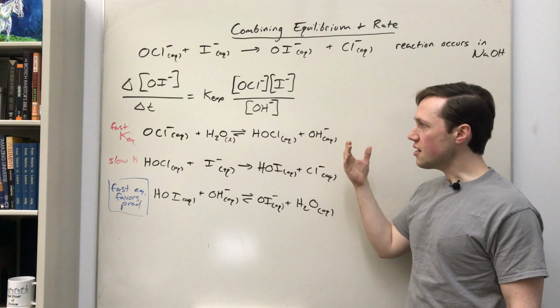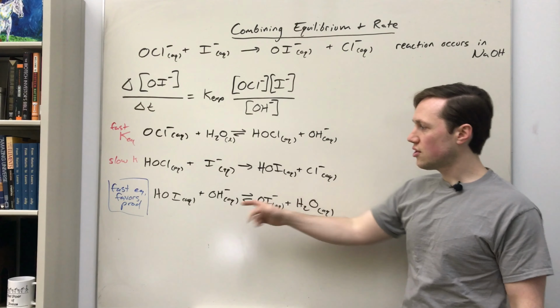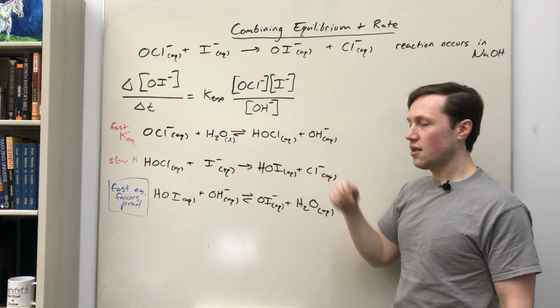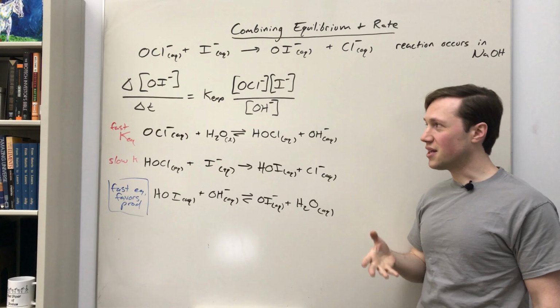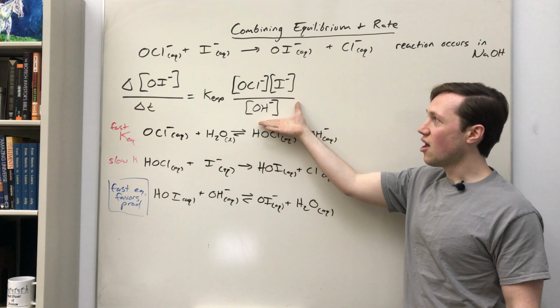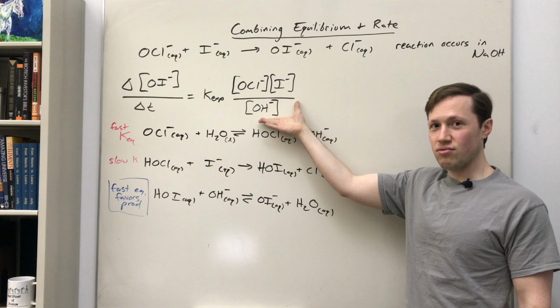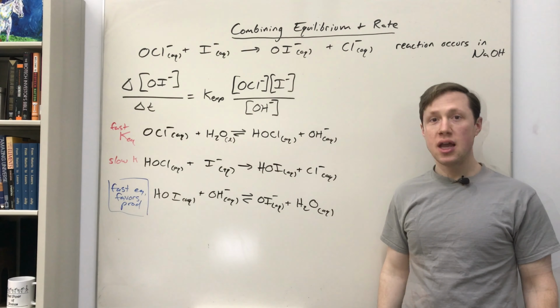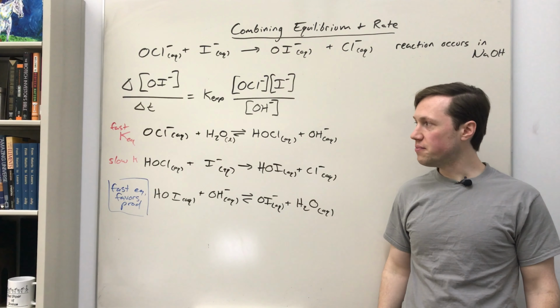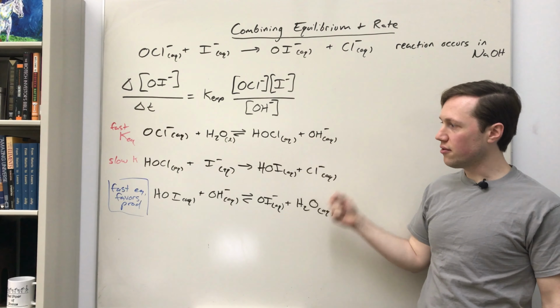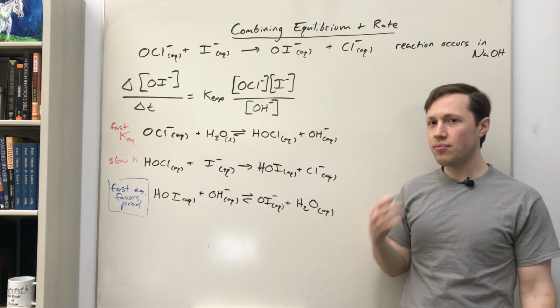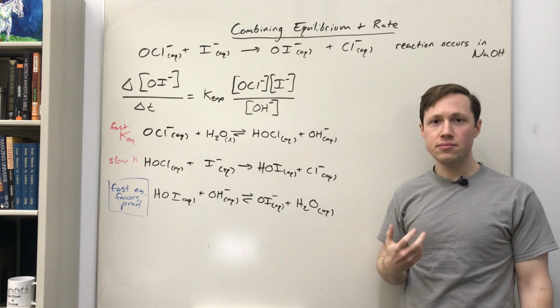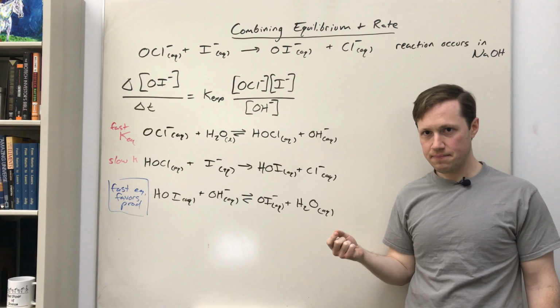Additionally, this mechanism includes hydroxide, and that's good because it explains why hydroxide would show up in the rate law but not show up in the overall mechanism. So now let's see what we can do to combine together these equations and their properties to better understand what they might be doing.